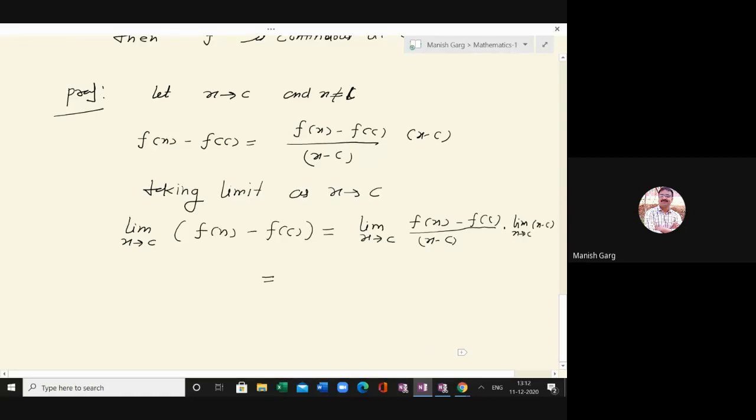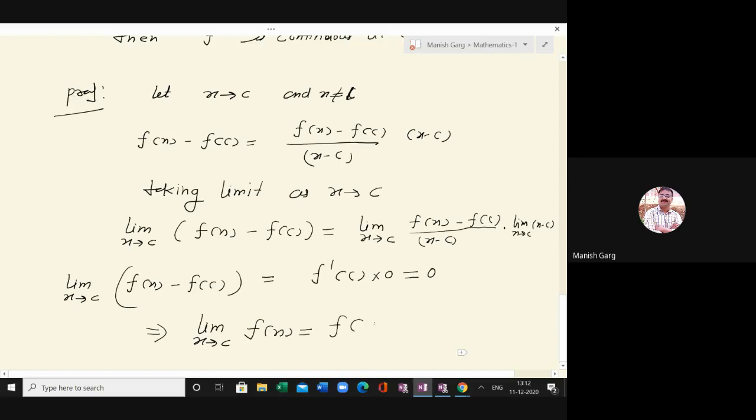If you do this, this will be f dash c into 0, which is 0. So here the limit as x tends to c of f(x) is equal to f(c).